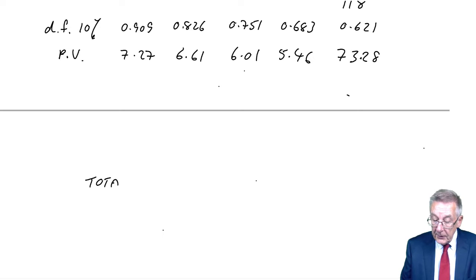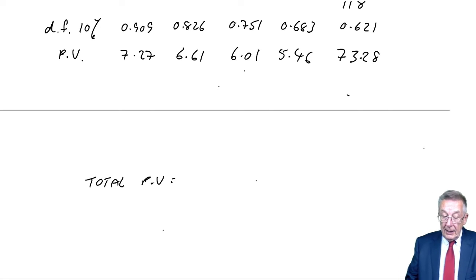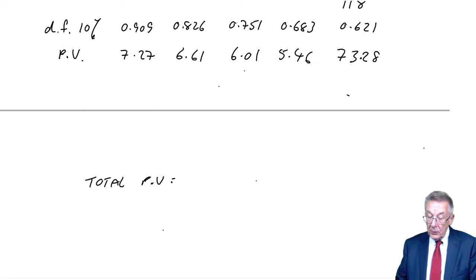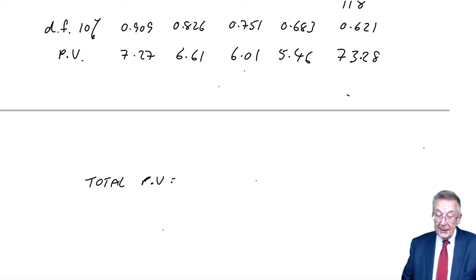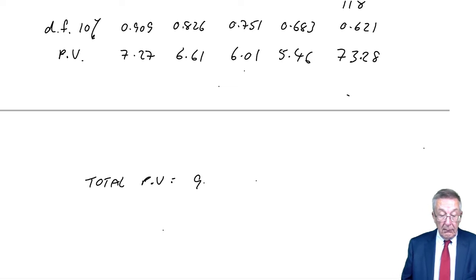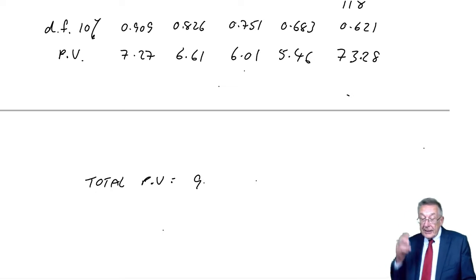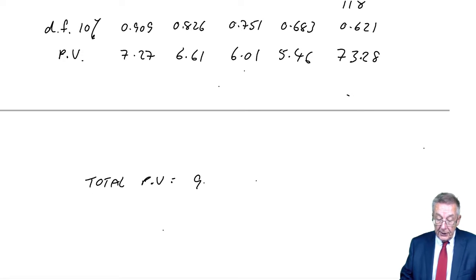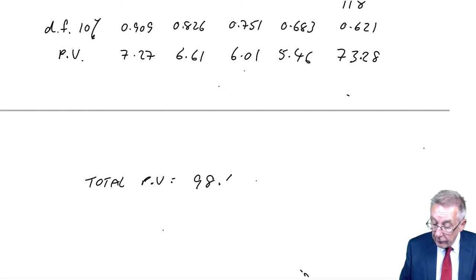The total present value: 7.27, 6.61, 6.01, 5.46, 73.28, 98.73. What's that? Oh, I've added up wrong, or I've got a figure wrong. 7.27, 6.61, 6.01, 5.46, 73.28: 98.63.